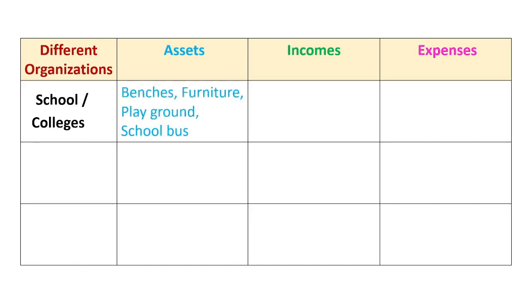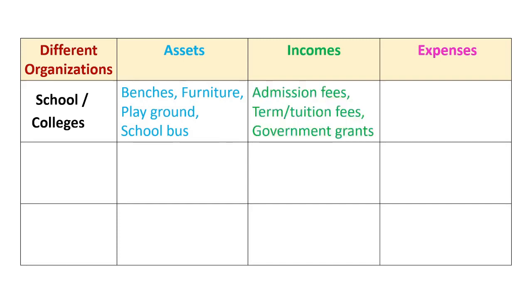Schools and colleges have benches, furniture, playground, school bus, etc. These are the assets for schools and colleges. Whereas admission fees, term fees, tuition fees, government grants are the incomes for schools and colleges. And salaries, repairs, stationery, sports expenses are the expenses for schools or colleges.